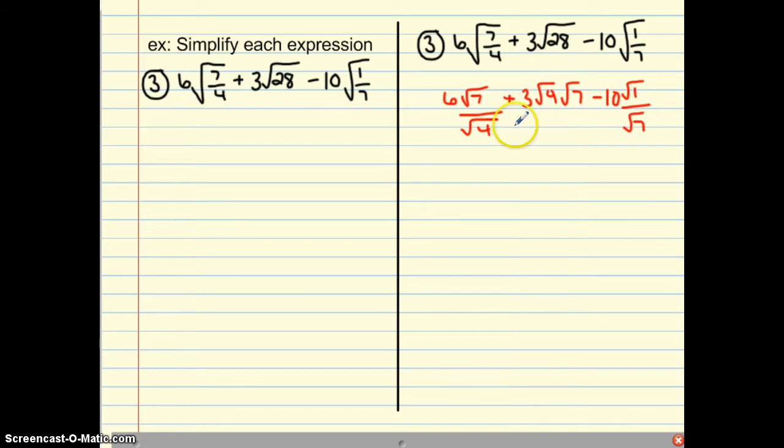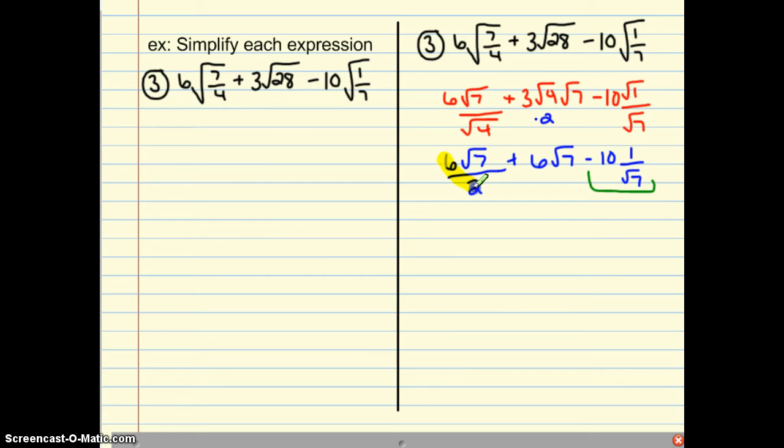All right, continuing to clean as we work our way across, 6 root 7 over 2 plus, this is times 2. I'm just going to put 6 root 7 and minus 10, and we have 1 over root 7, which will simplify this whole mess in a second. But we'll go back and get these first.